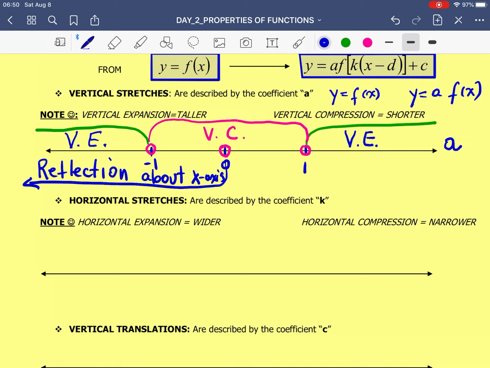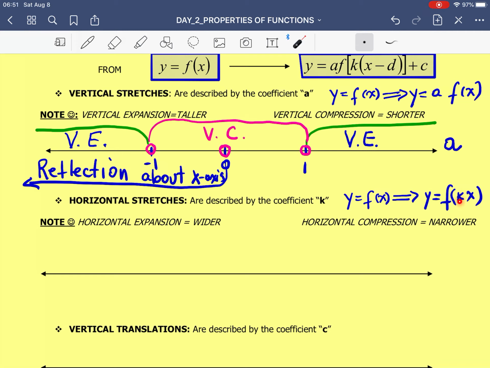The next coefficient that we'll talk about is the coefficient k. So if we have a function y equals f of x, the coefficient k is inserted right before the x in here, kx. K is the x coefficient, and as a result, the changes in the values of k will affect the values of x.